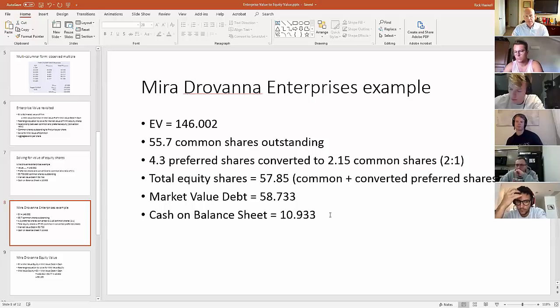Well, we give $146 million of our dollars, but we get the 11, so we kind of can net those out. So did it really cost us 146? Well, no, it cost us 146 minus 11, right? So that's 135 is the actual out-of-pocket cash cost once we've netted that cash on the balance sheet out. And so that's why cash is part of the enterprise value equation.